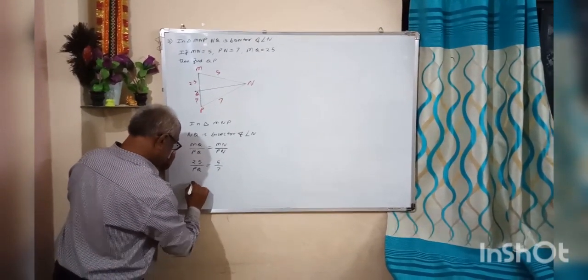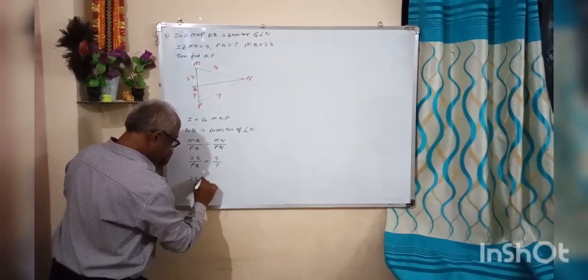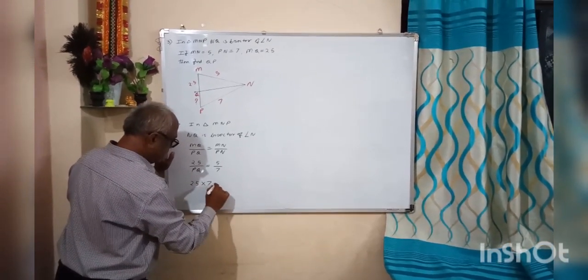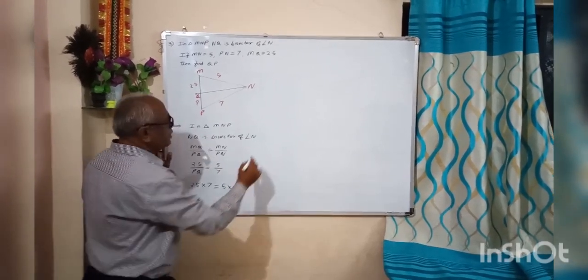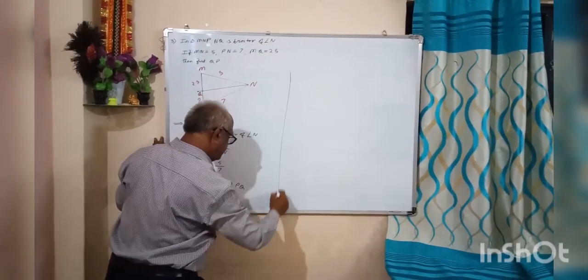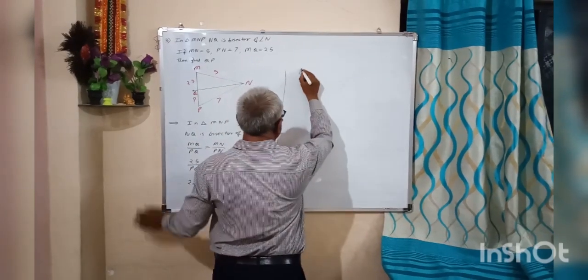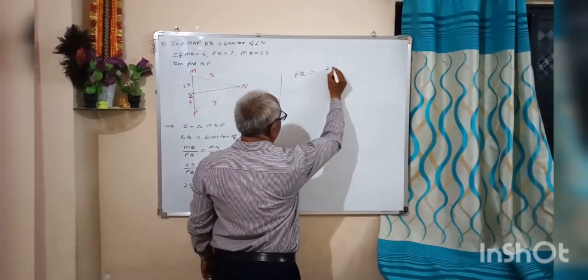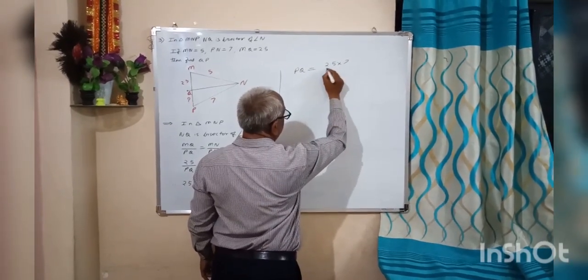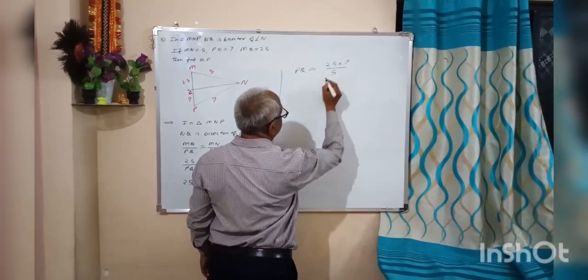Therefore, taking cross product, 2.5 into 7 is equal to 5 into PQ. Therefore, PQ is equal to 2.5 into 7 upon 5.